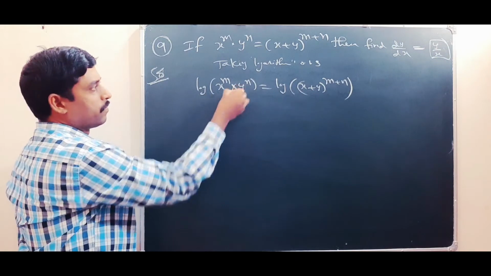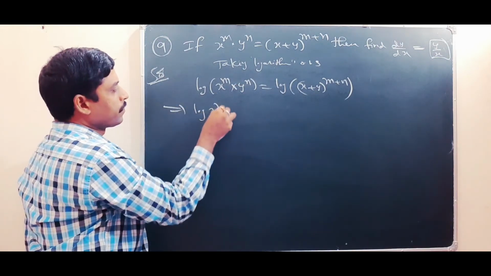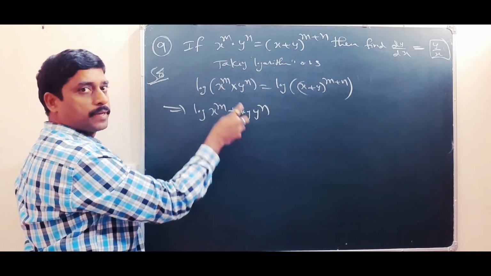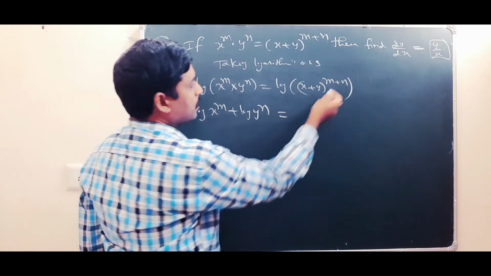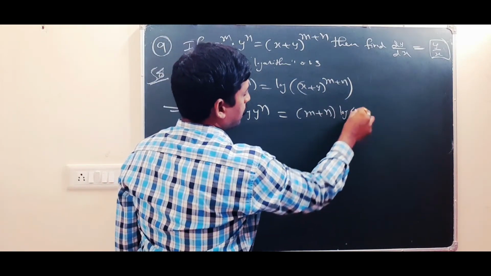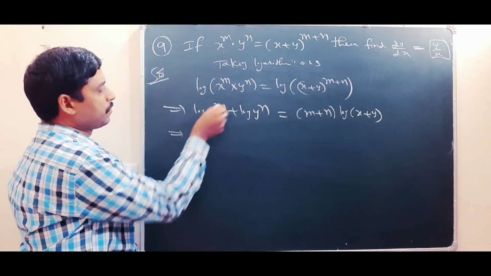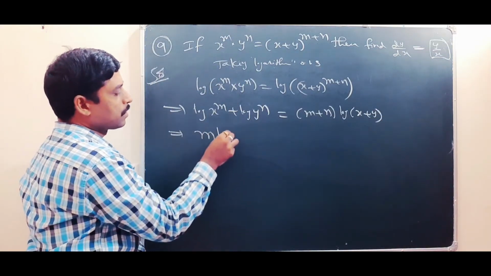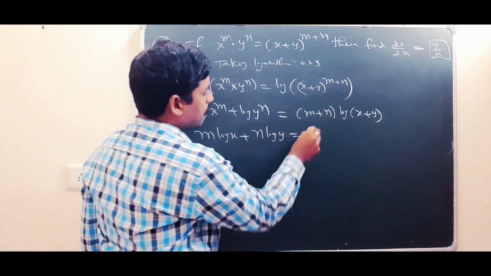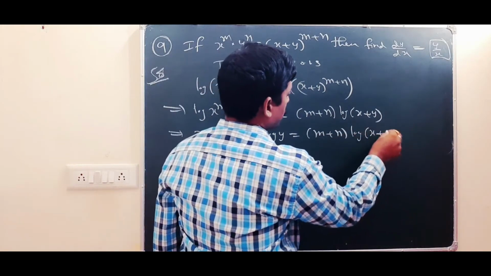We have the log AB formula, log A plus log B. Log x to the power m plus log y to the power n is equal to m plus n into log x plus y. So this is nothing but m into log x plus n into log y is equal to m plus n into log of x plus y.